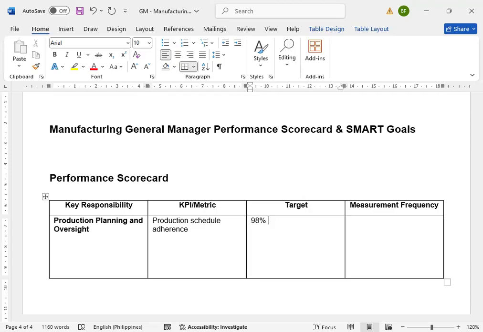So what's important for the GM is to ensure that all the issues are addressed, and there should be an action plan or measure in place, so that they are always hitting the target on this important key responsibility. So 98% on-time completion.